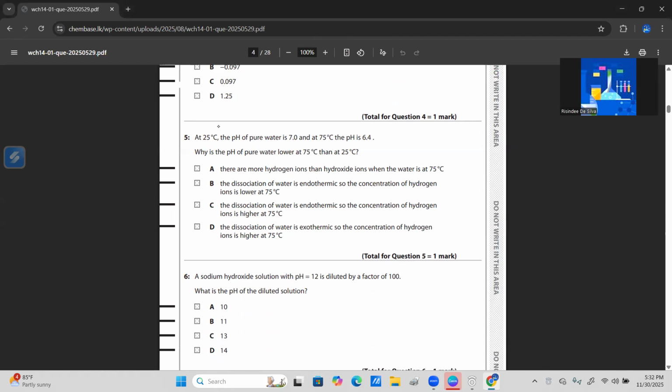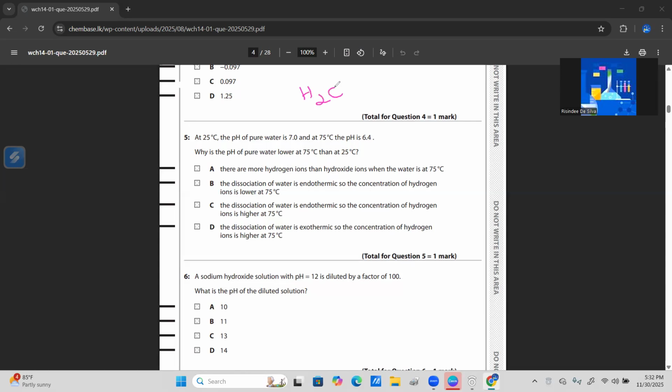Then the next one: at 25 degrees, the pH of pure water is 7, and at 75, the pH is 6.4. So that means, children, you can see with increasing temperature, the pH has reduced. That means it is becoming acidic. Why is the pH of pure water lower at 75 than at 25?